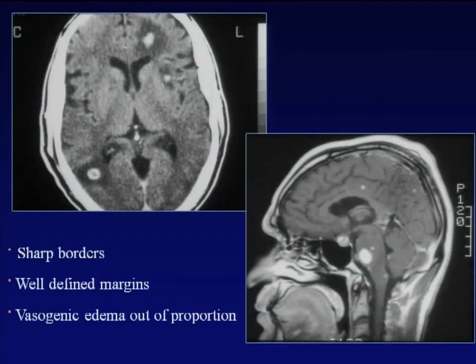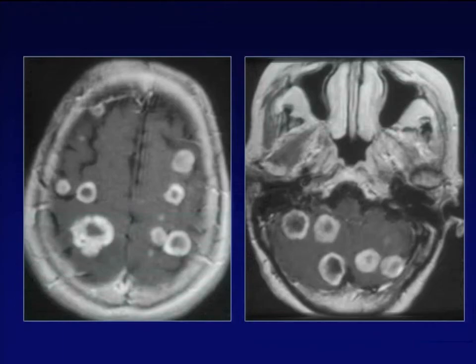Typical metastatic disease on CT and MRI, you see the nodular pattern of enhancement and the ring-like, sharp borders, well-defined margins, and vasogenic edema out of proportion. And this is similar on MRI. Multiple lesions, supratentorial, infratentorial, multiple ring-like enhancing lesions, typical of metastatic disease.